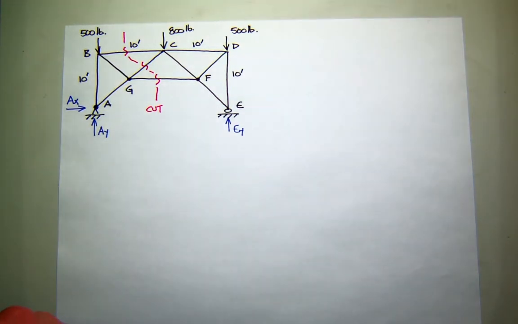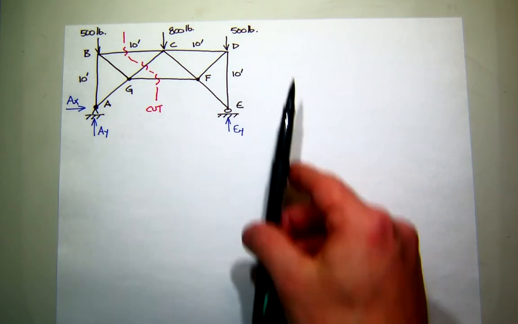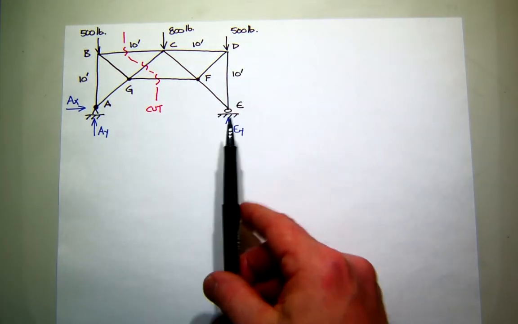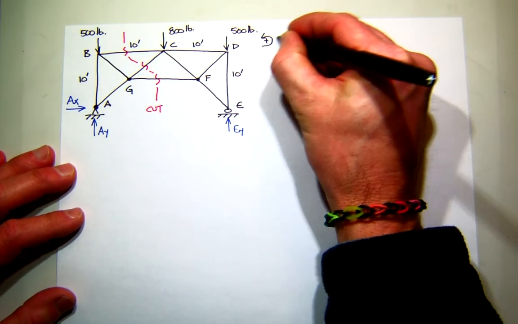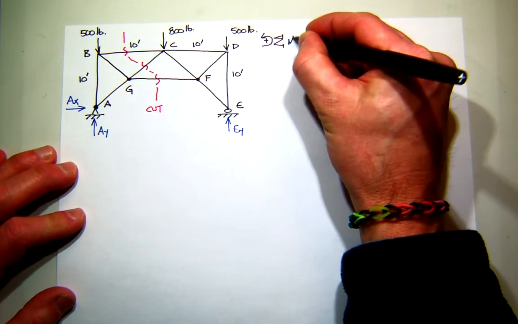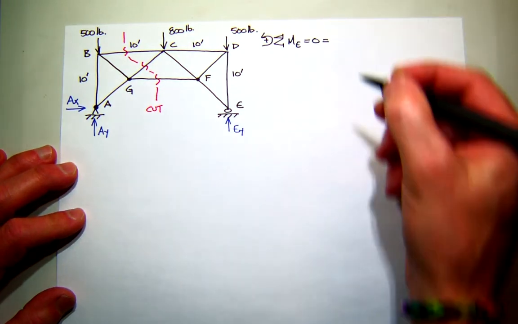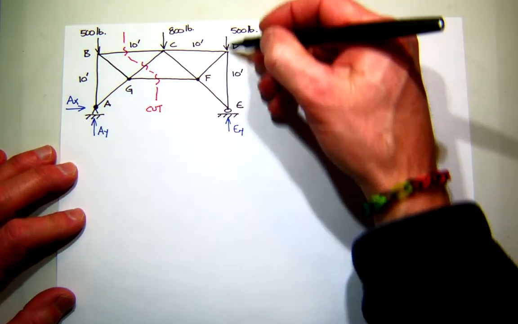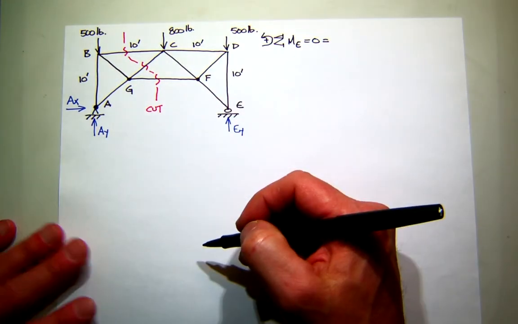What are we going to do first? Define AY. We're probably going to sum the moments created about E. So let's do that. I'm using right-hand rule, and we're summing the moments about E. So about E, you can see EY and this 500-pound force pass through E, no moment.